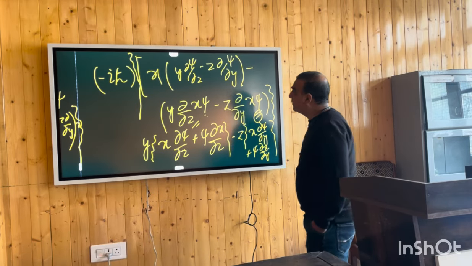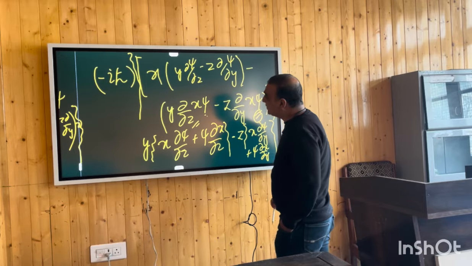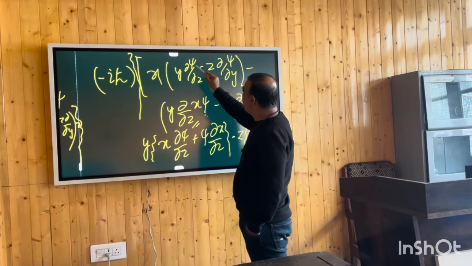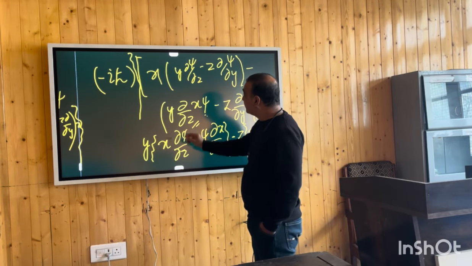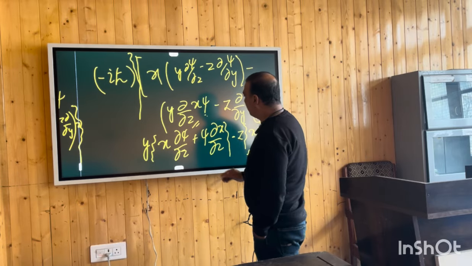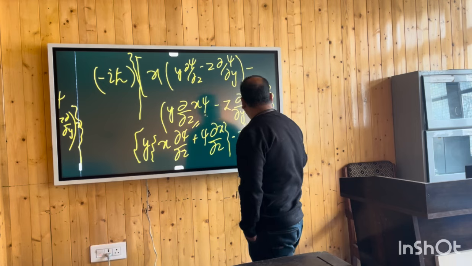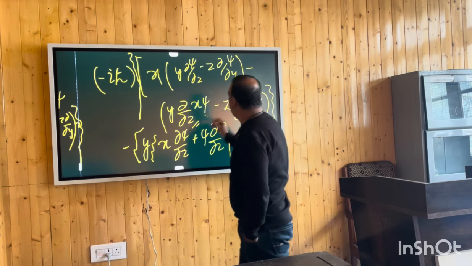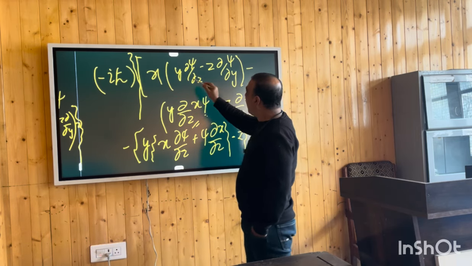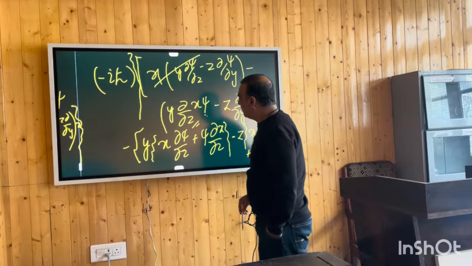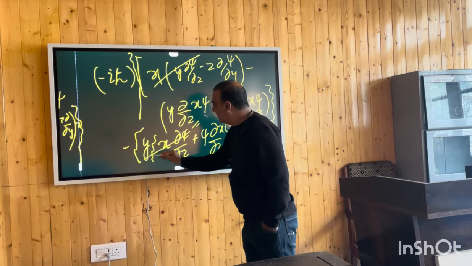So this is the story, and now we have to see what kind of cancellations we can have in this mathematical argument. The first thing you can see here is, this is xy ∂psi/∂z. This is plus, but this one is minus, because outside this whole story we have minus. So this term will go with this term.